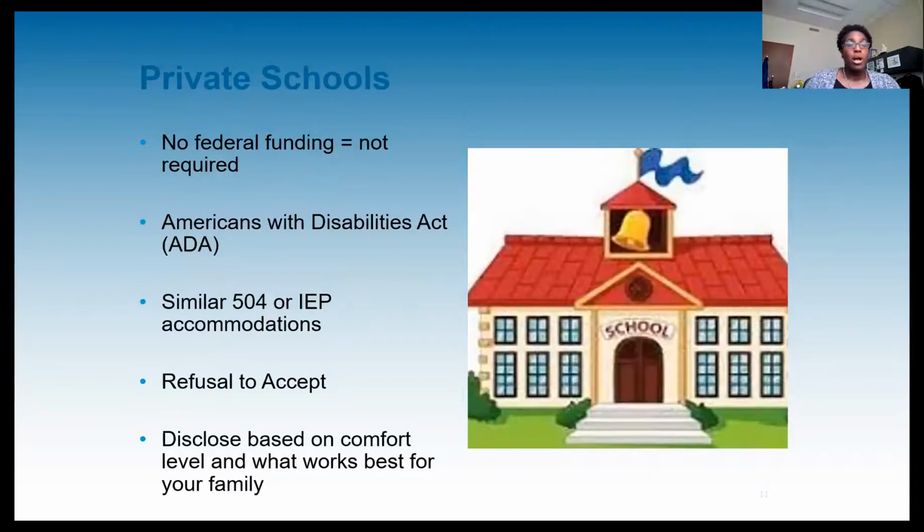And then when it comes to schools, you just want to make sure, as far as continuing the transition, once we get to college and things like that, we're making sure that we are having our accommodations in place. Now, one thing to know, you don't have to have an IEP or a 504 plan within the high school setting just to be able to have accommodations in college.